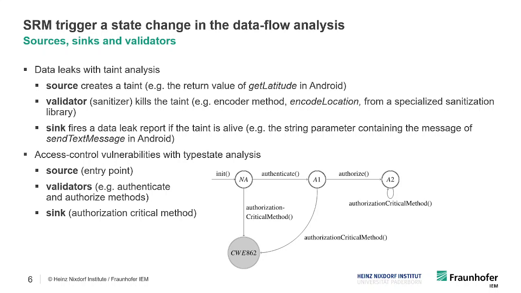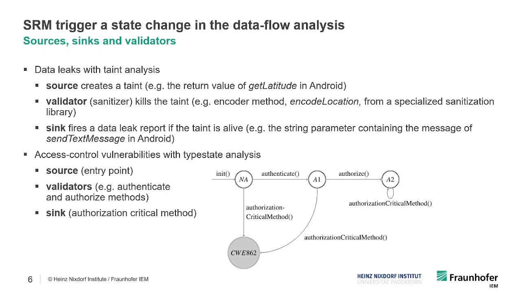That's why we have a 2-stage access control. As you see, if there is a call to the method authenticate, we can move from the NA state to the A1 state, and if there is a call to authorize, we can move from A1 to A2.